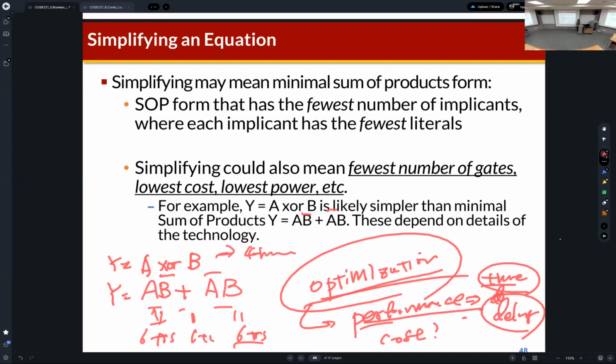So the cost is also related to the number of transistors. So if we convert this equation into this optimized equation, then we can reduce the number of transistors for implementing the Boolean equation. So that's why we need to simplify Boolean equations using the axioms and theorems we learned. Okay.